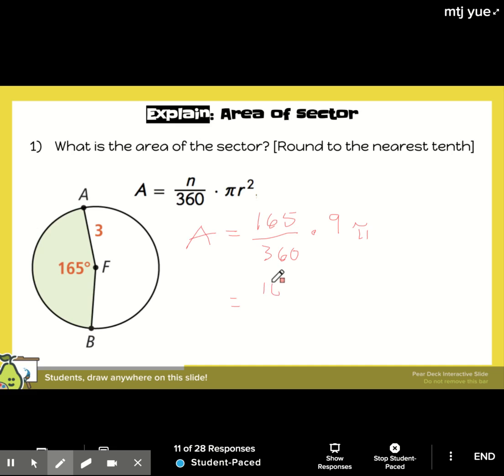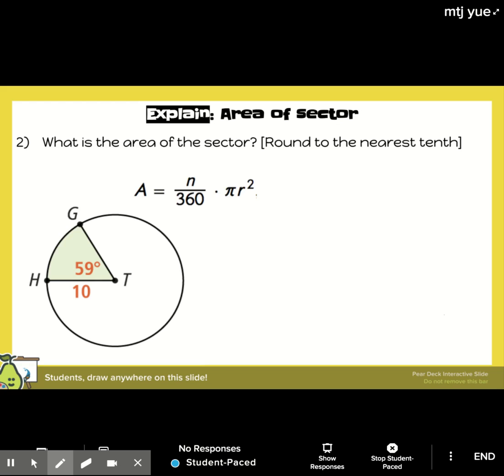So I have 165 over 40 pi, right? I already know 9 could go into 36 4 times. I got a 0 left over, so 9 goes into 360 40 times, right? And then I can reduce from here. I know that 5 is in common with both of these, so I'm left with 33 divided by 8 pi. And that's our answer for that one.